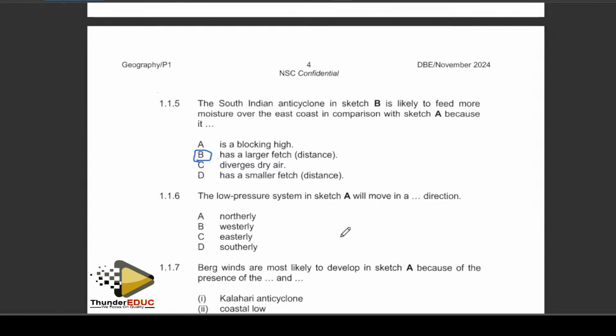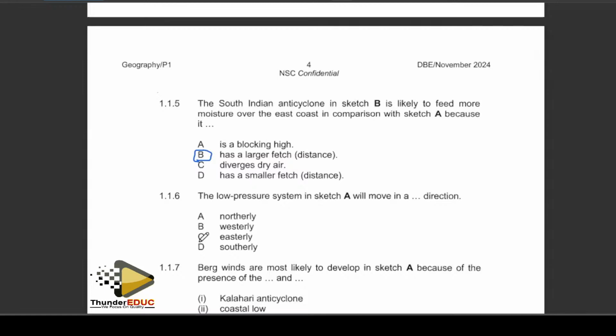The low pressure system in sketch A will move in a dash direction. The low pressure, we said it's a coastal low, and we have talked about the coastal low. We don't need to waste time. We said the coastal lows do move from the west going to the east and along the coastal region.